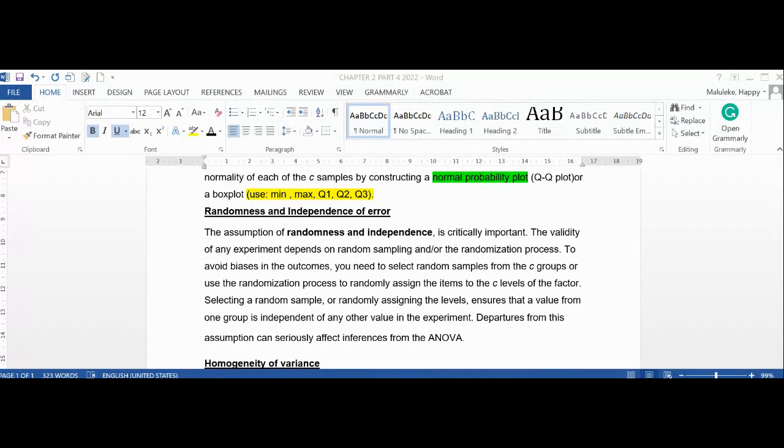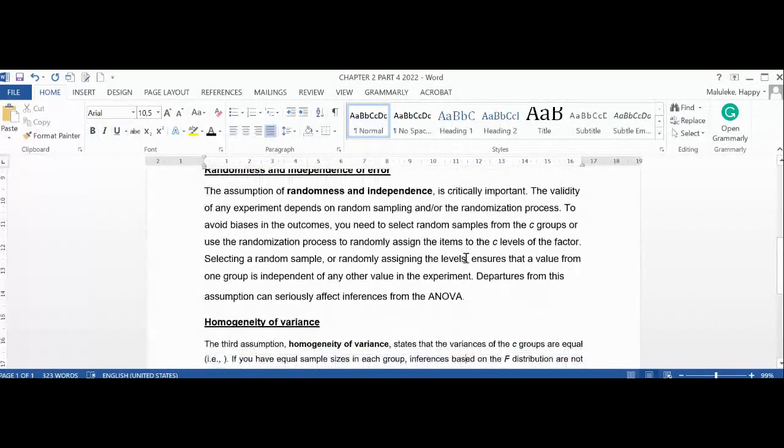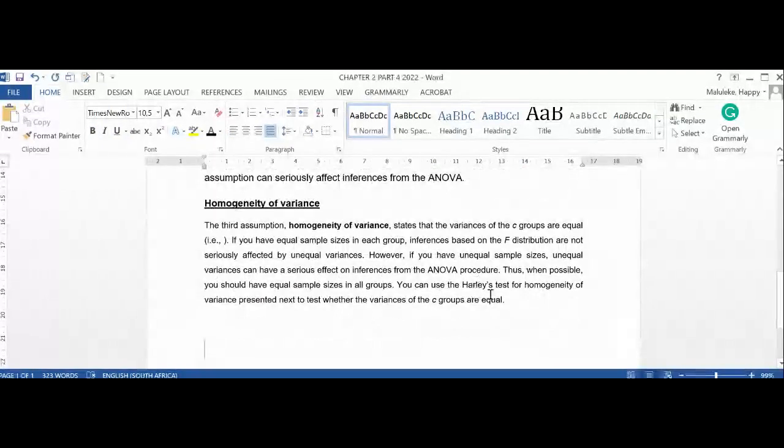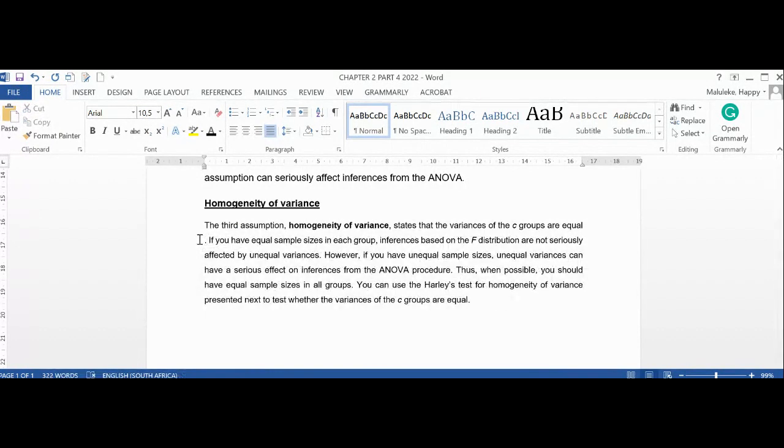When coming to randomness, you must know that you assess a plot. You don't want to see the errors forming a certain pattern. That's why I'm saying I'll give you these notes. You will go through them, and wherever you don't understand, I will be there for you. So the last assumption goes with what we want to discuss now.